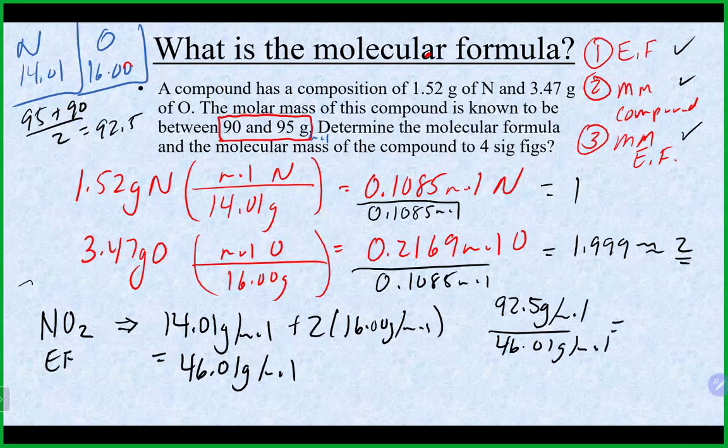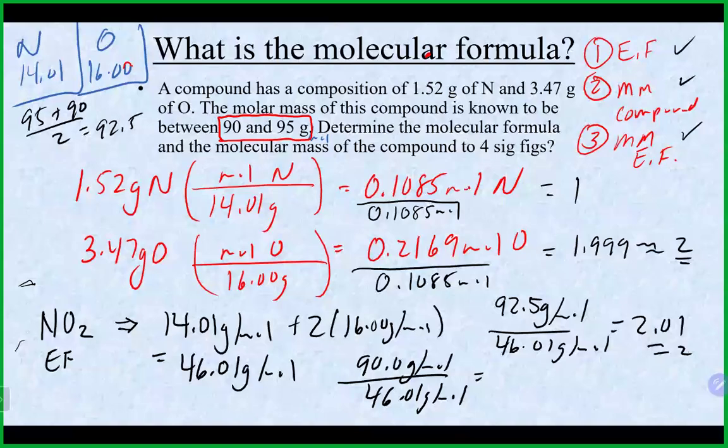And that's going to get us basically 2.01, which is pretty close to 2. Now, let's say you took the low end and did 90 grams per mole divided by 46.01 grams per mole. You will get pretty much the same thing: 1.96, which is close enough to round.